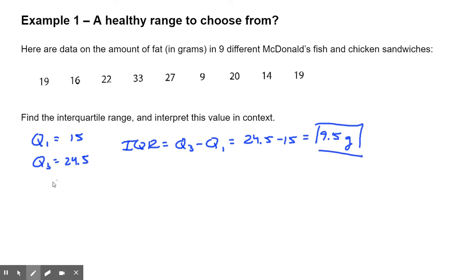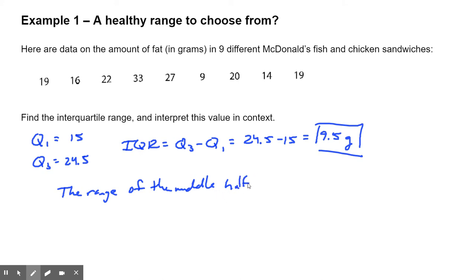So now we're going to interpret this value. So we will say that the range, it is a range, the interquartile range, the range of the middle half, I use the word half, but you could say 50%, the middle half.